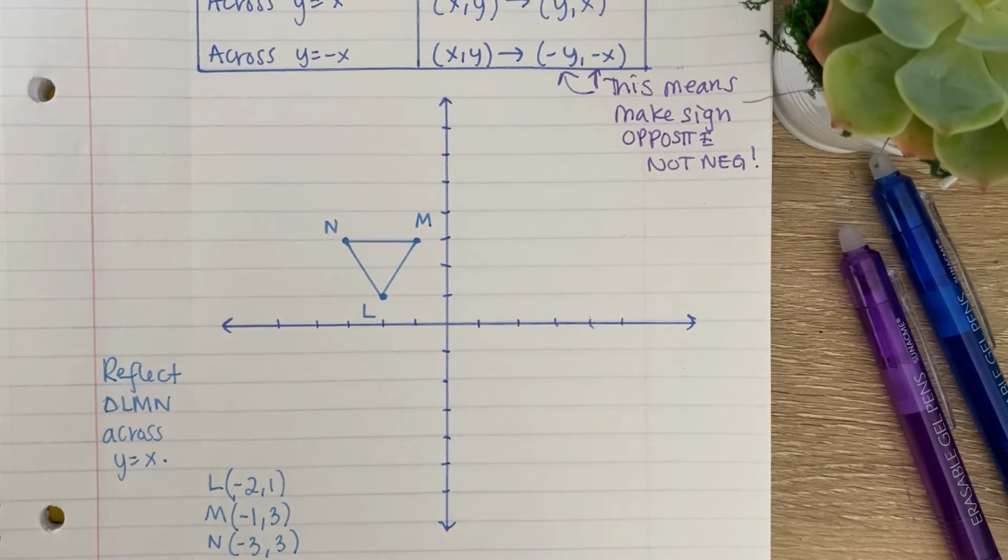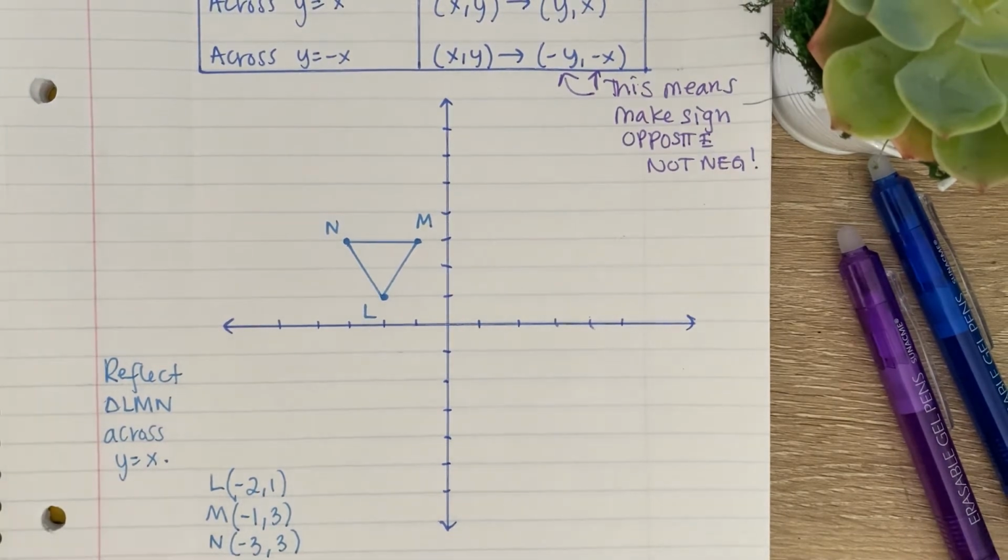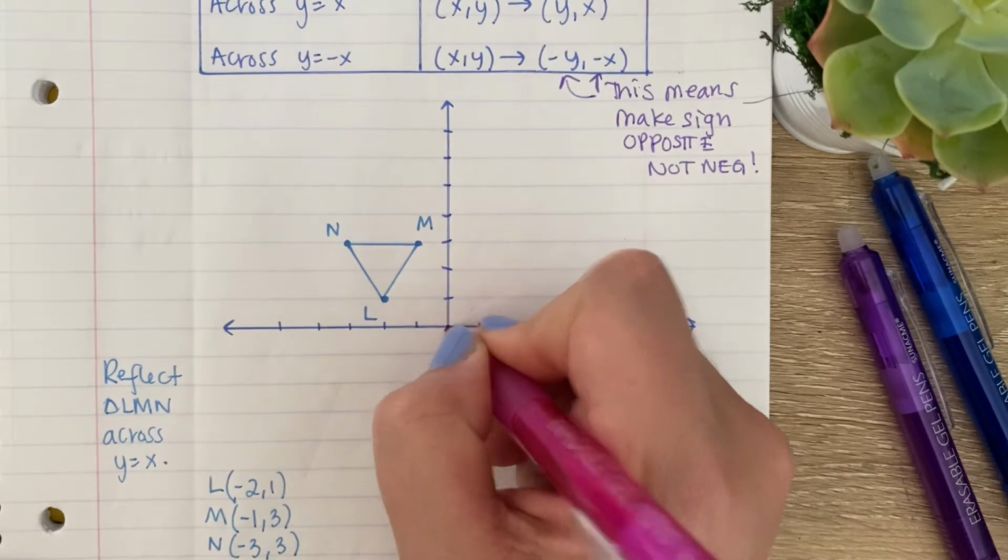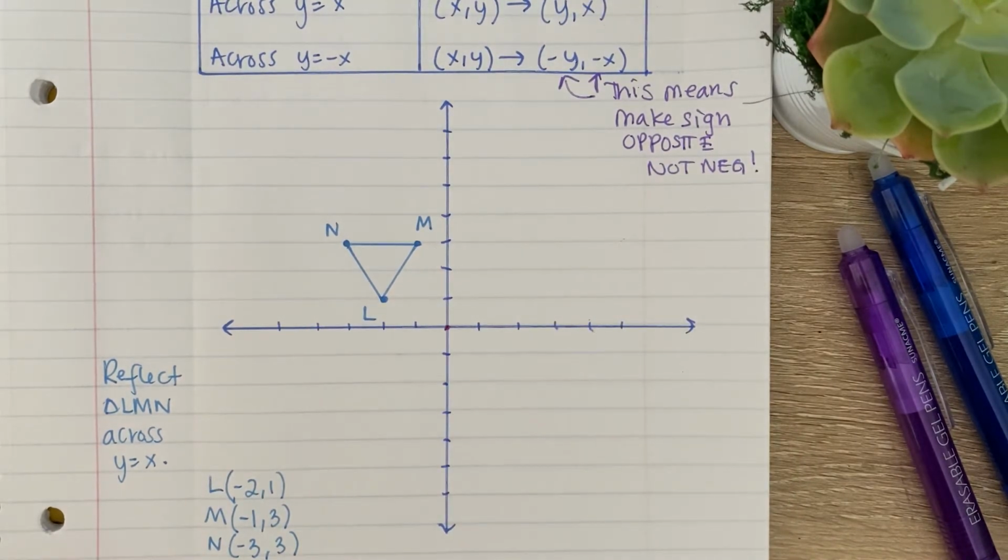Our question asks us, reflect triangle LMN across y equals x. So what even is y equals x? Well, if we were to draw that line down, you start at your origin, because the y-intercept is 0, and our slope is the number in front of x, in this case 1.